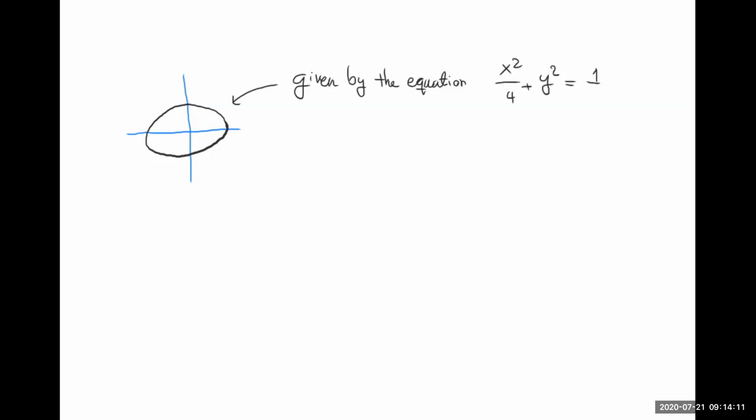In that case, this is not a circle anymore. Here x goes up to plus 2 and minus 2. Y goes only up to 1 and minus 1, right?